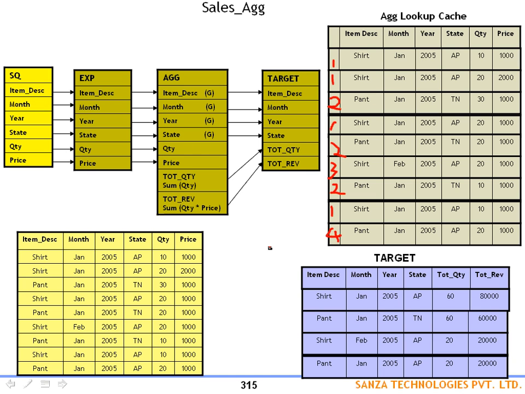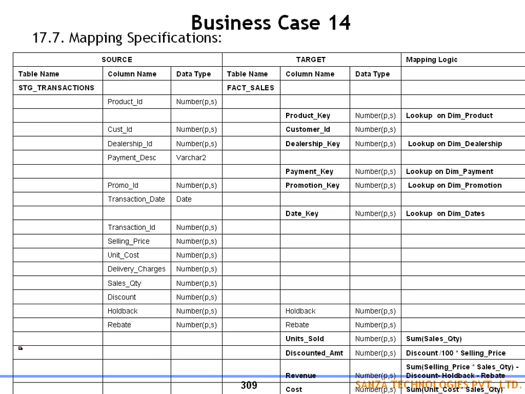So now we will do the lab on our requirement. What is our requirement? We have to calculate the sum of quantity and sum of discount selling price based on the keys. To get the corresponding data for the product key, dealership key, payment key, promotion key and date key, we need to do a lookup on the corresponding dimension tables.